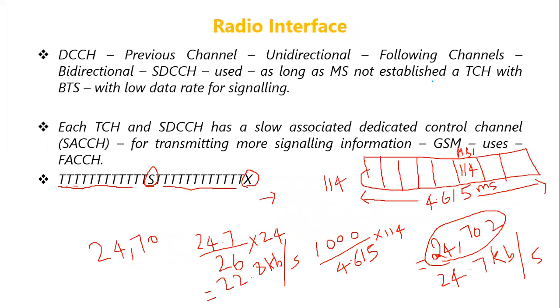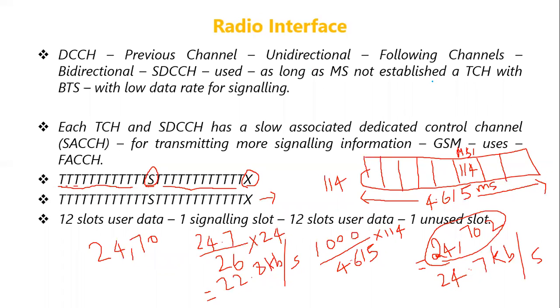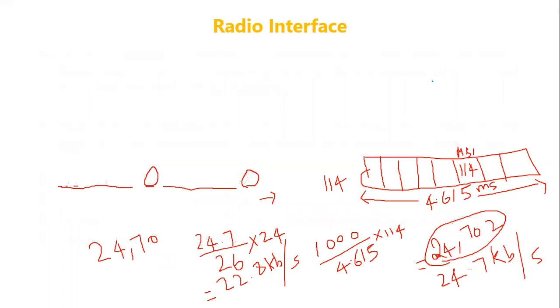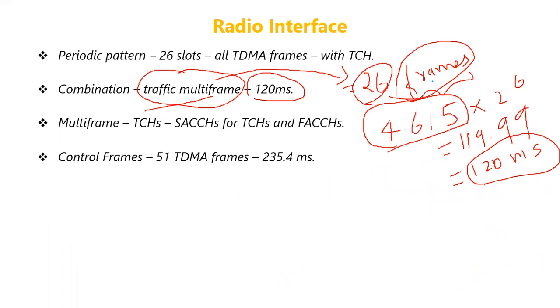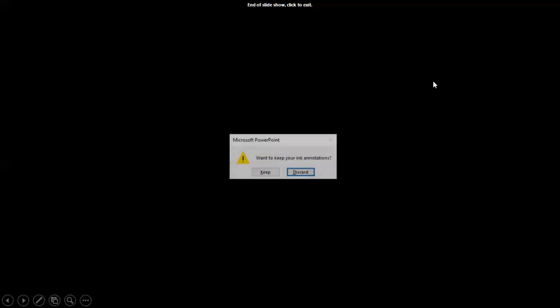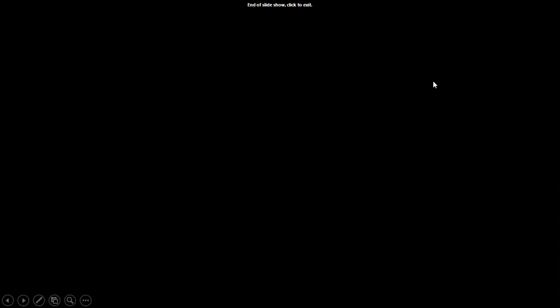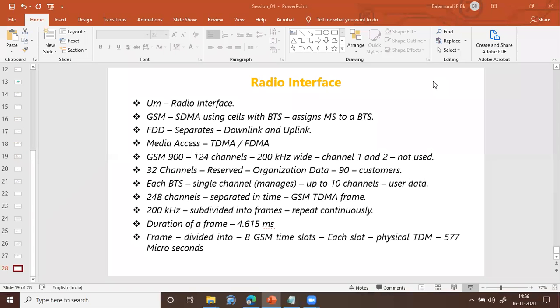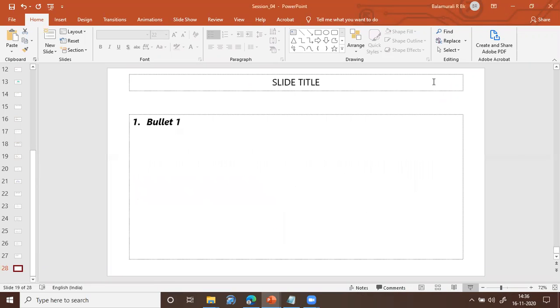And then we discussed the TDMA frame, whose duration is 4.65 milliseconds, and each slot occupies 577 microseconds. And out of that, what are the data bits, what are the signal bits, all these things we have discussed. And finally we have discussed the logical channels and frame hierarchy.